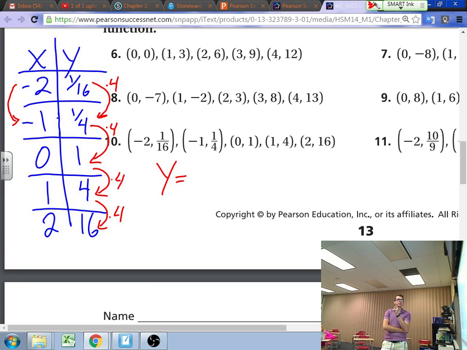When multiplication doesn't work, start thinking about powers, like exponents. Is there a way that we could use exponents here? I know that any number to the 0 power is 1.